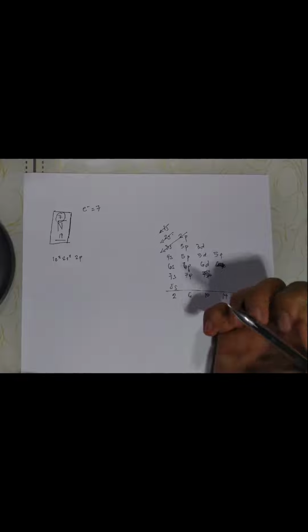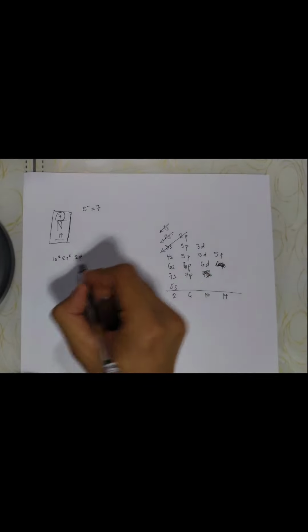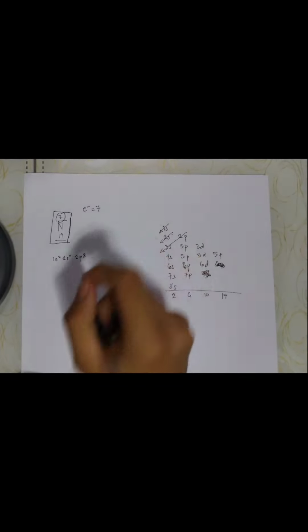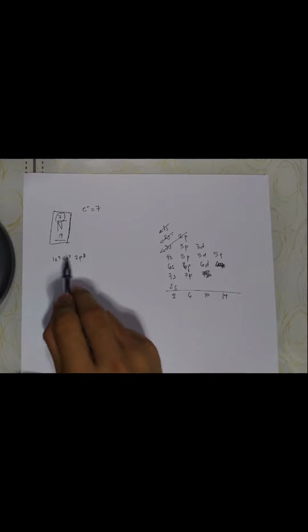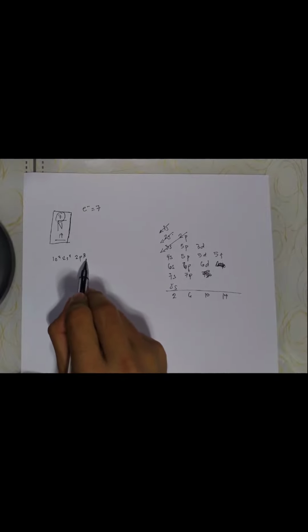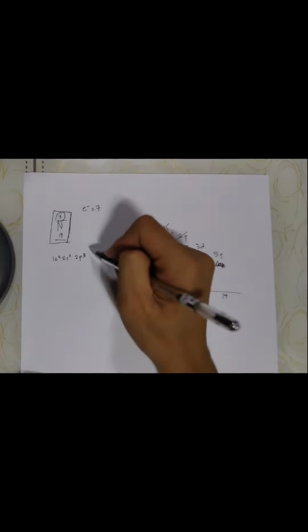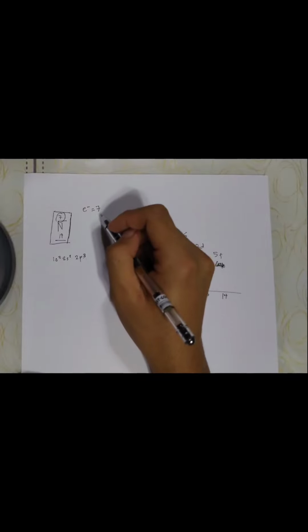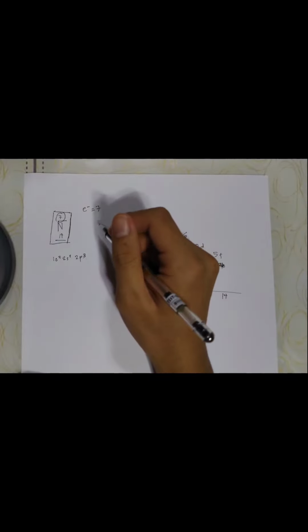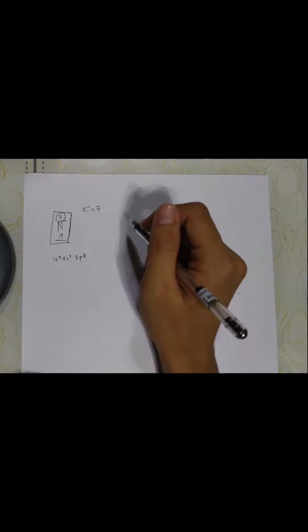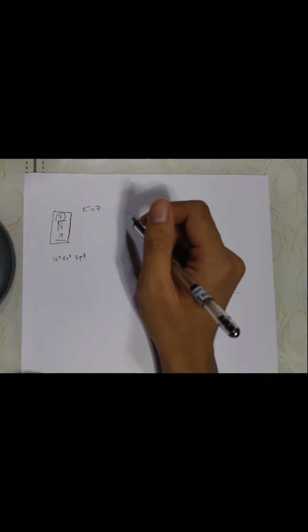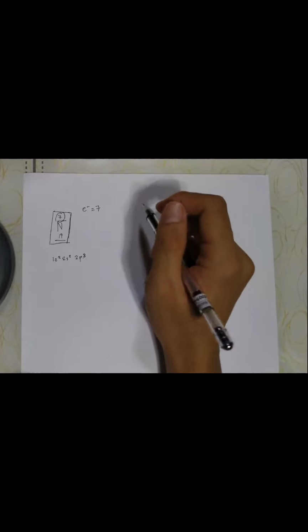Because if you add the exponents, 2 plus 2 plus 3, it will become 7. So once you get up to this number for atoms, you can stop. This is the electronic configuration of an atom of nitrogen.